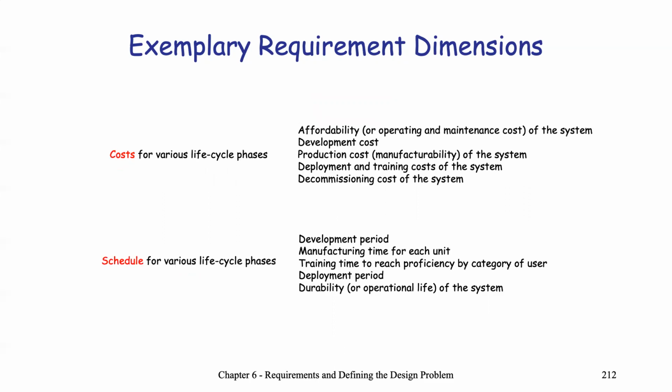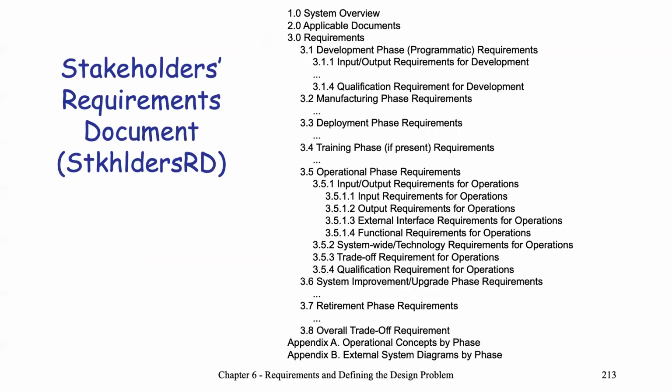For cost for various life cycle phases, we can be thinking about the affordability of the system, production cost, development, deployment, training, and decommissioning costs. We can think about schedule for various life cycle phases: development, manufacturing, training, deployment, and durability. So those are some additional things that we would have to be considering.